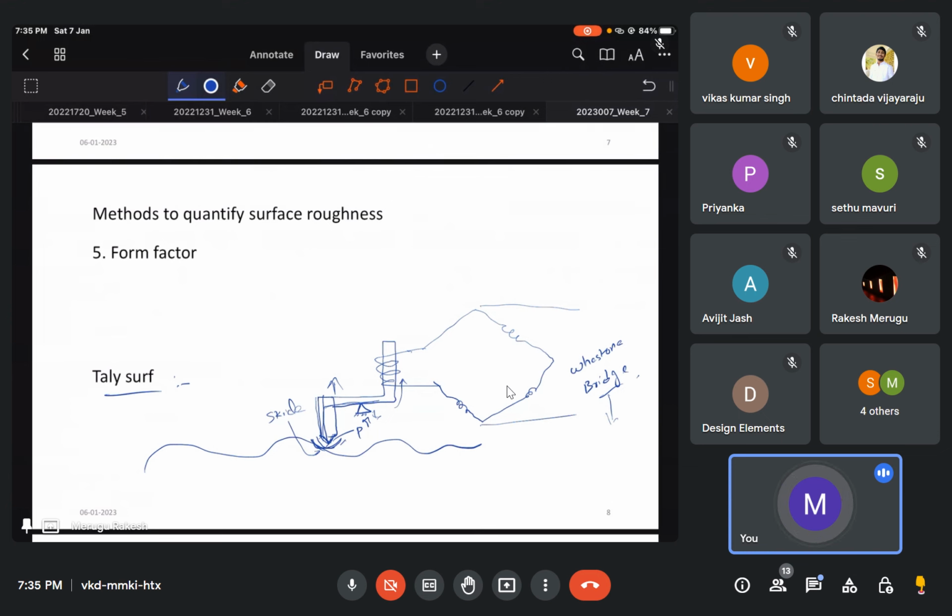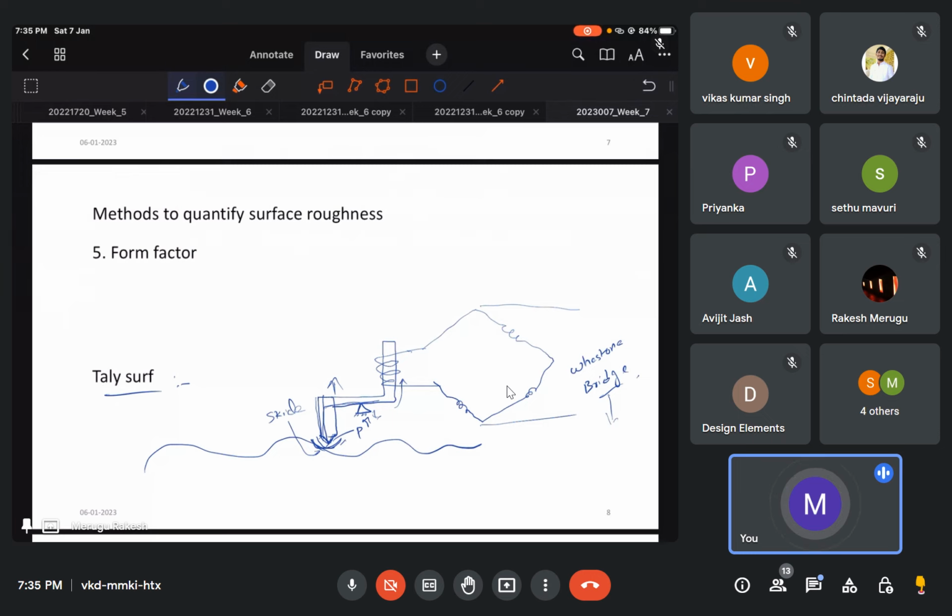So this is a simple device, the Talysurf, that we use for determining the surface profile very accurately and very fast, instantly I can say. Just by scanning the surface, you will get all the values quantifying surface roughness.